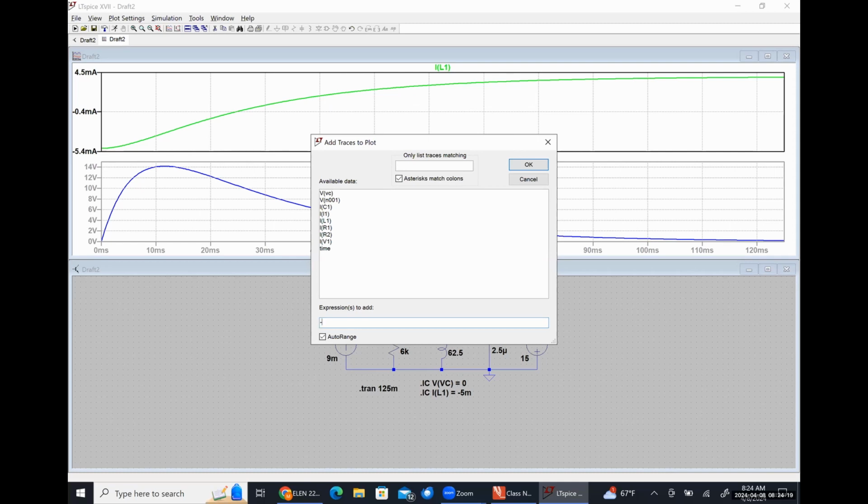So I'm going to go negative 0.012 times EXP. Our S1 value is negative 40 times time, plus 0.003 times EXP negative 160 times time.